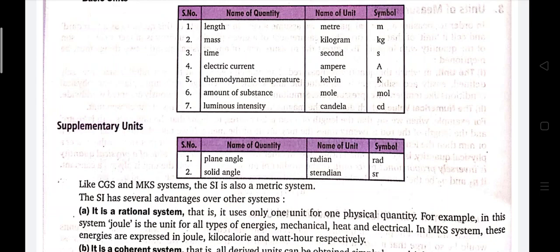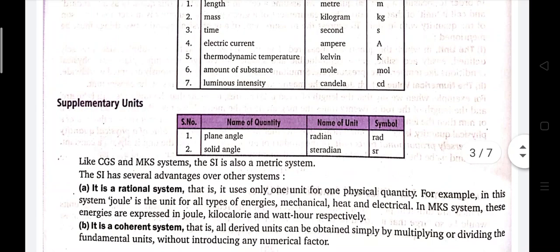In the MK system, these energies are not all expressed in joules. If it is heat, it is expressed in kilocalories. Electrical energy is measured in watt hour or kilowatt hour. Then, it is a coherent system, that is, all derived units can be obtained simply by multiplying or dividing the fundamental units without introducing any numerical factor.